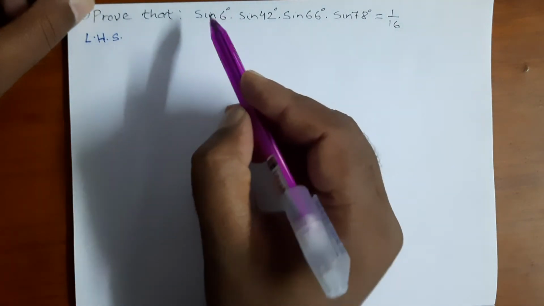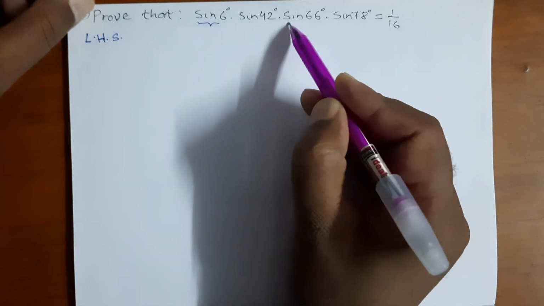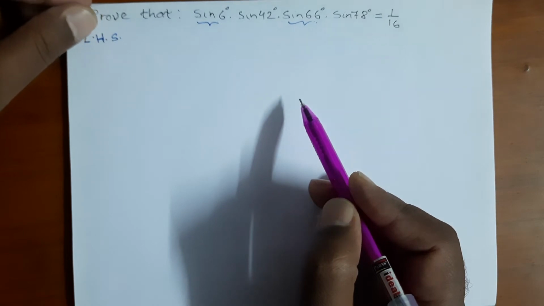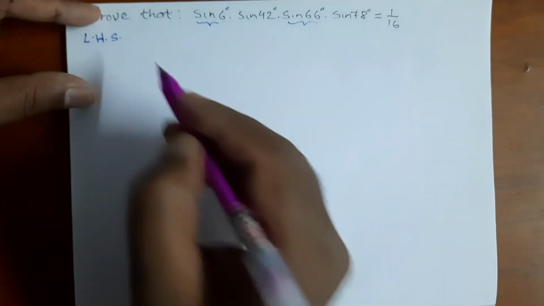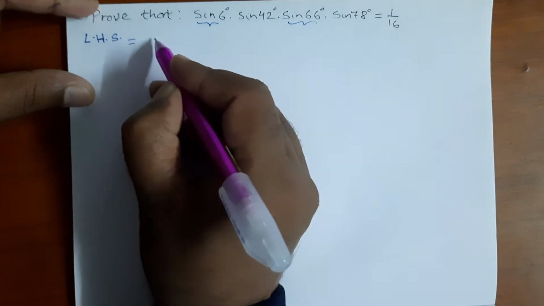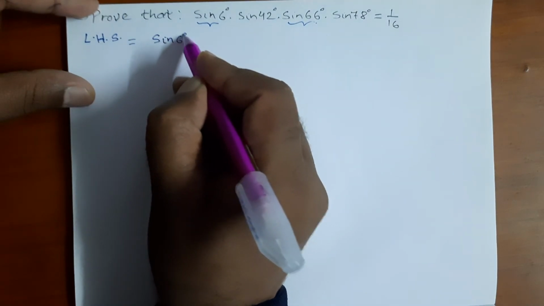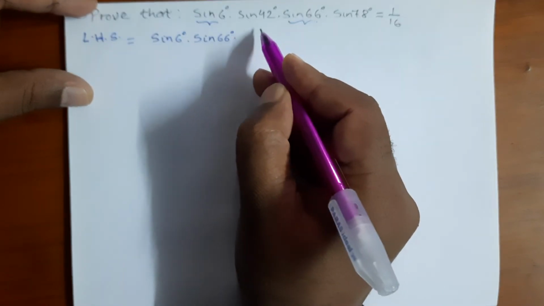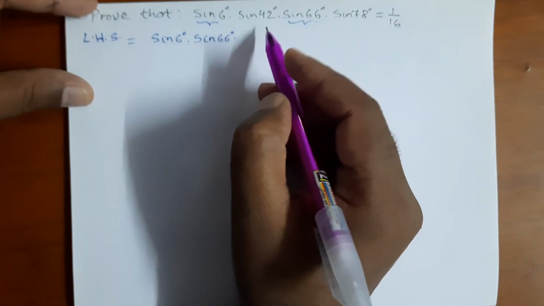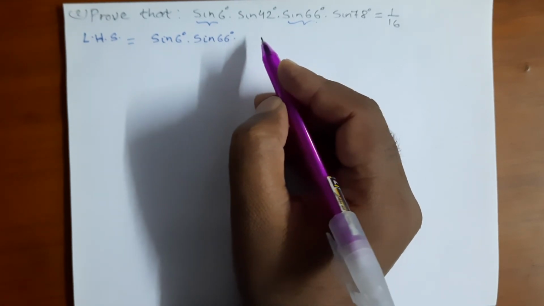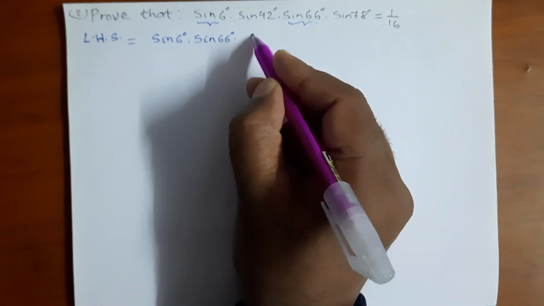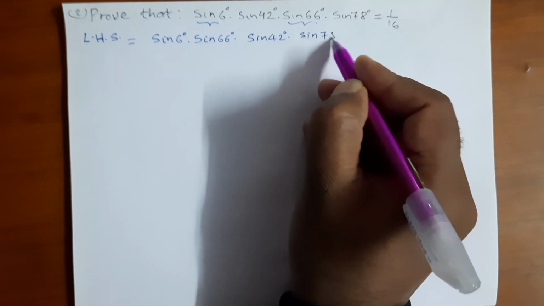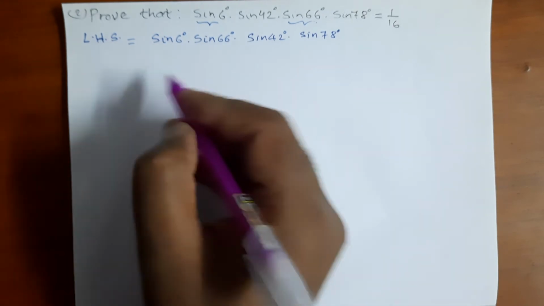So I am taking sin 6 and sin 66 together, so that 66 minus 6 is 60, divided by 2 is 30, which is the standard angle. LHS equals, I am writing here sin 6 degree, sin 66 degree, and the remaining trigonometrical ratios, sin 42 degree and sin 78 degree.